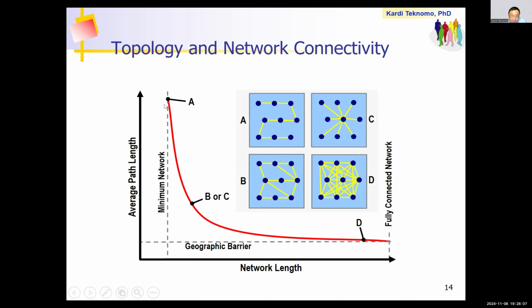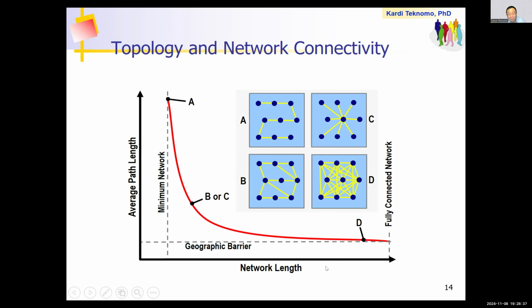So there is some very interesting curve, because now you can see there is some kind of geographical barrier and the minimum network pattern. The more you connect one node to another, the more you get a fully connected network here.